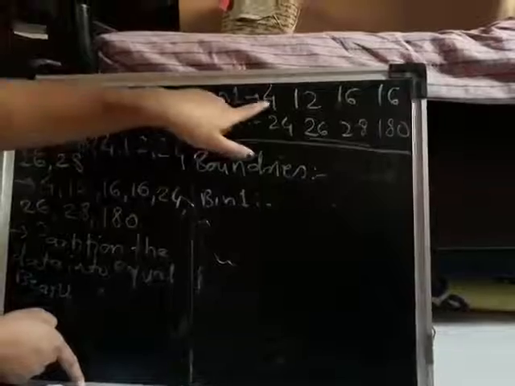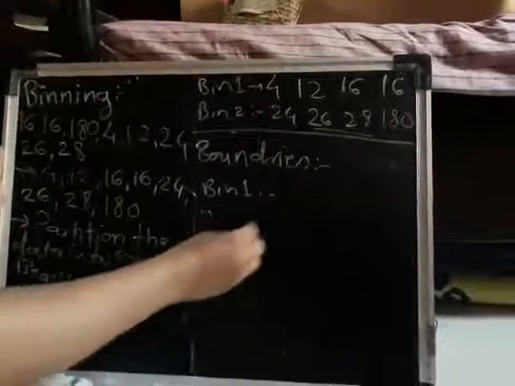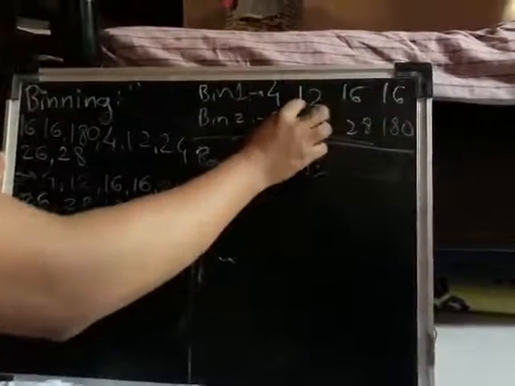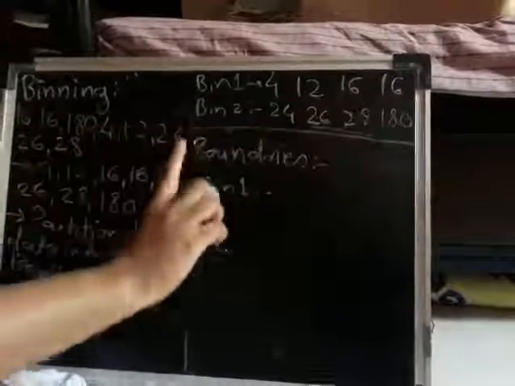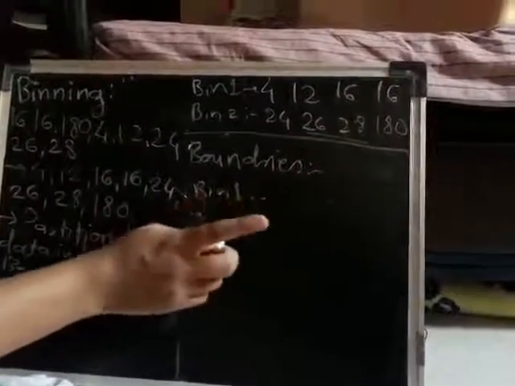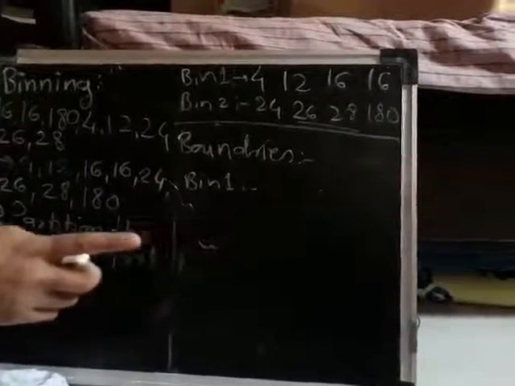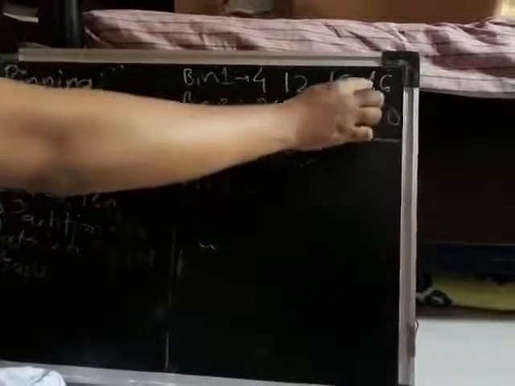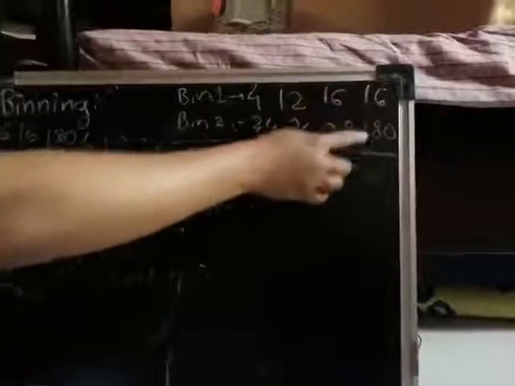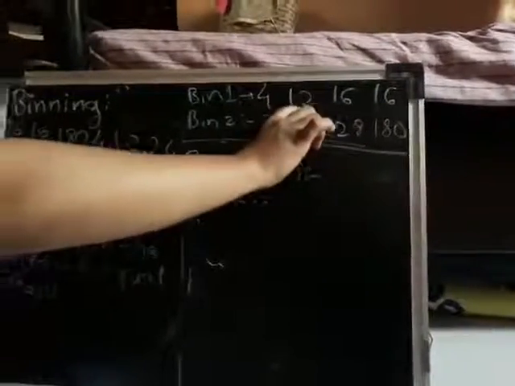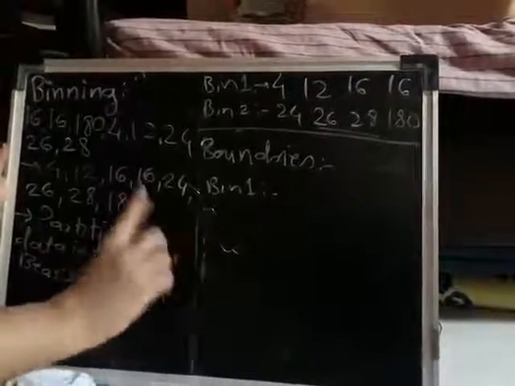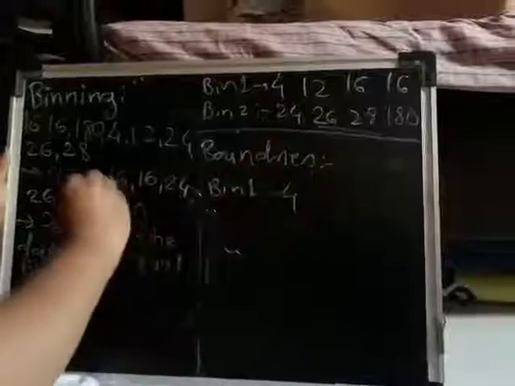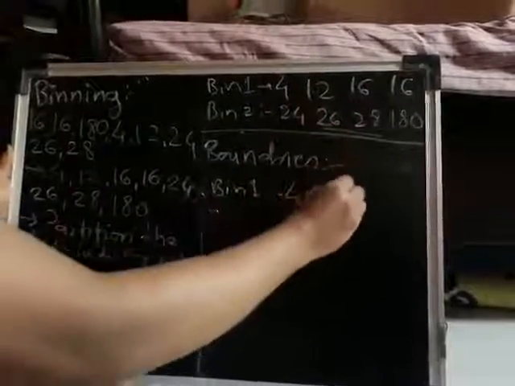Now see, 4 and 12, the distance is 8. Same way, 12 and 16 distance is 4. So the minimum distance is 4 between these two, which means 12 is nearer to the upper boundary. So replace this 12 with the upper boundary, that is 16. The lower boundary stays as it is, and 12 will be replaced with 16.